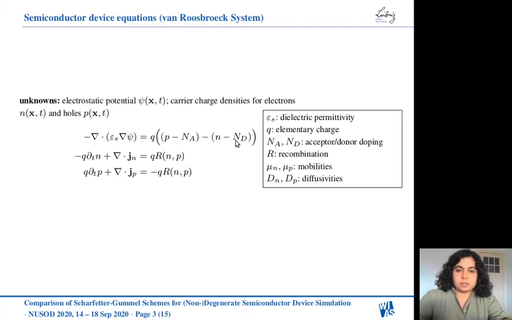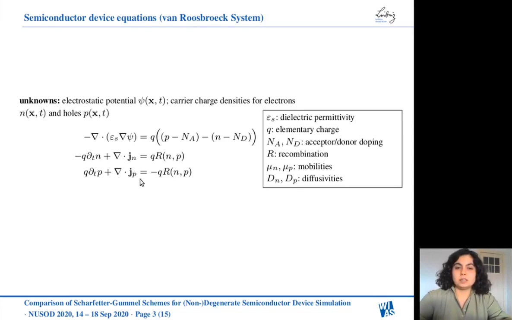With the help of these semiconductor device equations, it is possible to simulate current flows in semiconductor devices. The unknowns are given by the electrostatic potential and the charge carrier densities for electrons and holes. We have a Poisson equation which is coupled to two continuity equations.